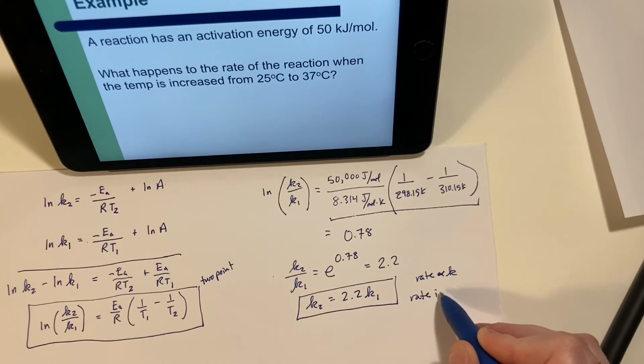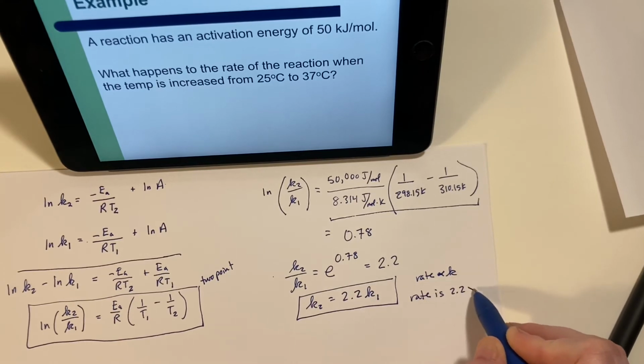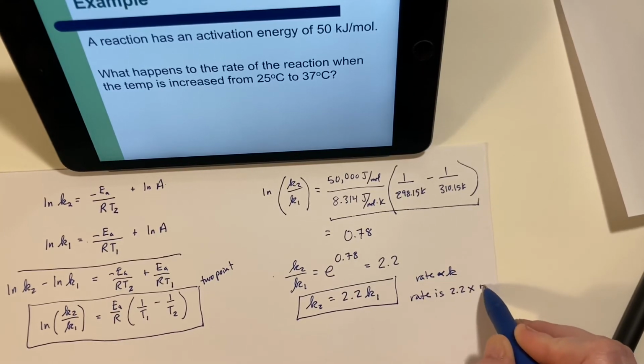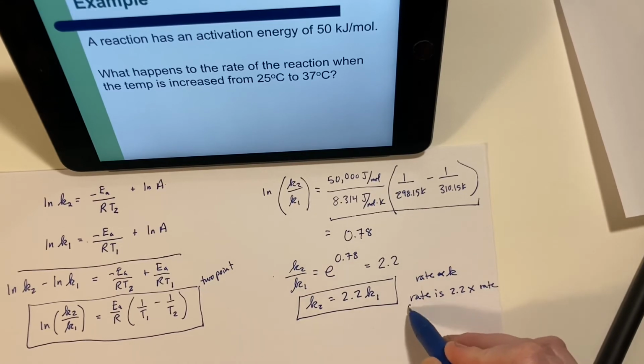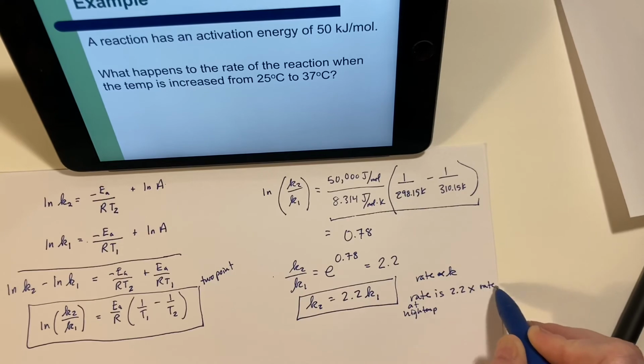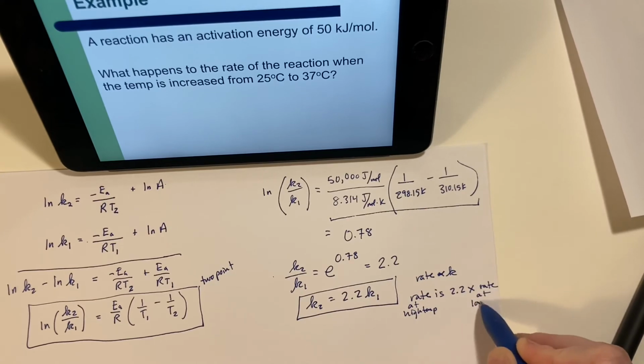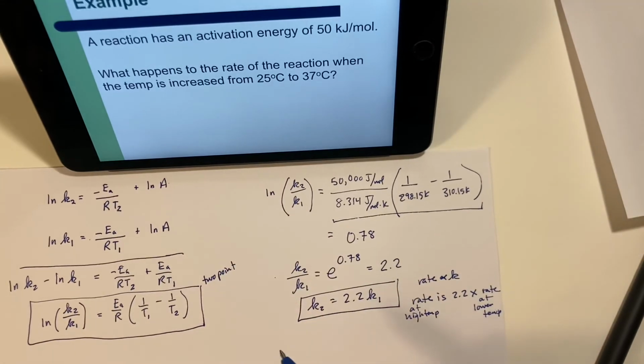So rate at higher temperature is 2.2 times the rate at the lower temperature. So what happens to the rate? It increases by a factor of 2.2.